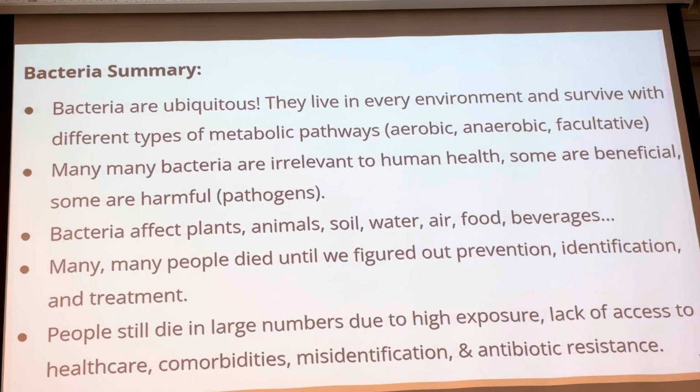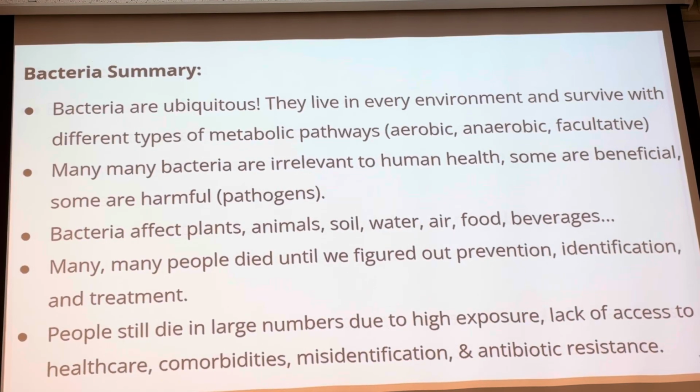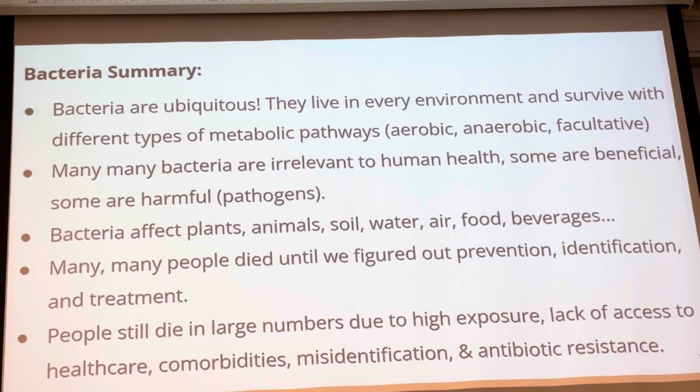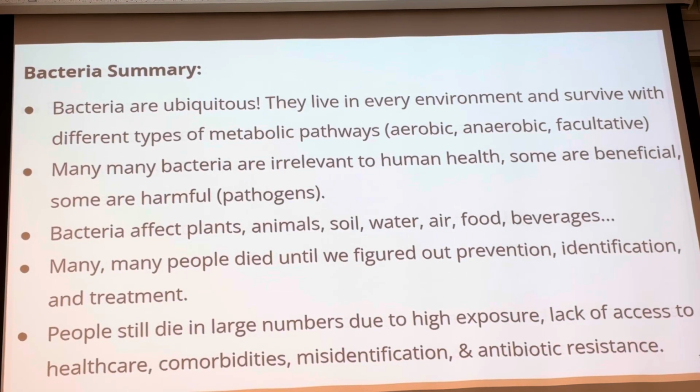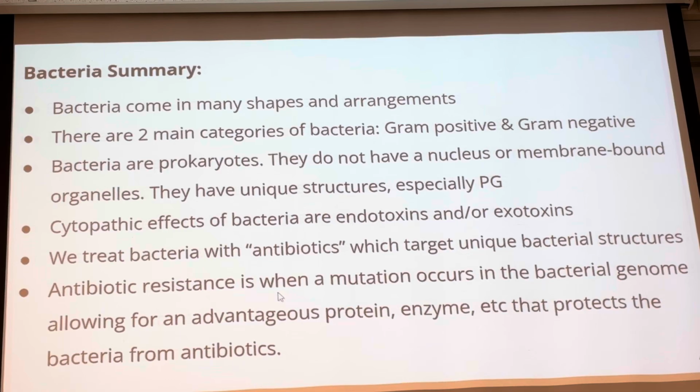A comorbidity means somebody who already has, for example, diabetes, heart disease, congestive heart failure, or COPD. Something is going on and then they get an infection because their immune system is down. So that happens. Misidentification is a problem. Antibiotic resistance is a huge problem. They come in many shapes and arrangements. We have gram-positive and gram-negative. Now we know that that's the peptidoglycan cell wall. We know peptidoglycan is what makes bacteria unique.